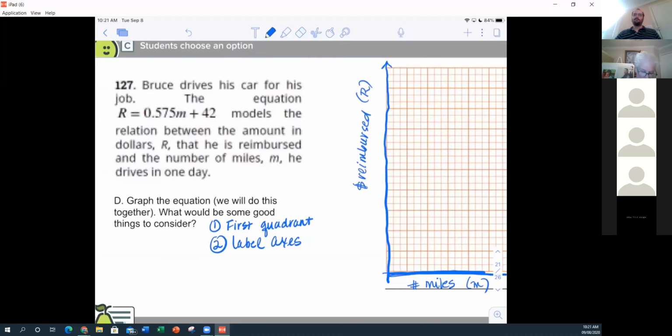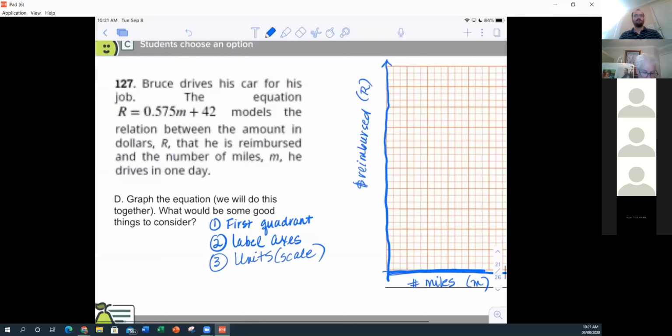All right, now we need to decide on our units. A lot of times I like to plot a couple of points, and that helps me to figure out how to scale my graph.